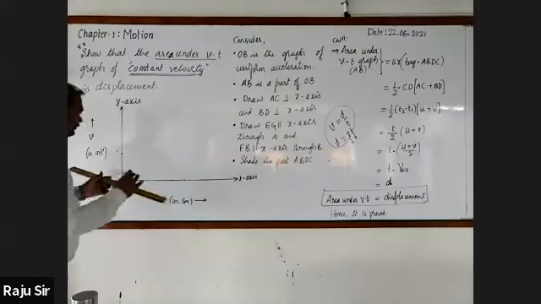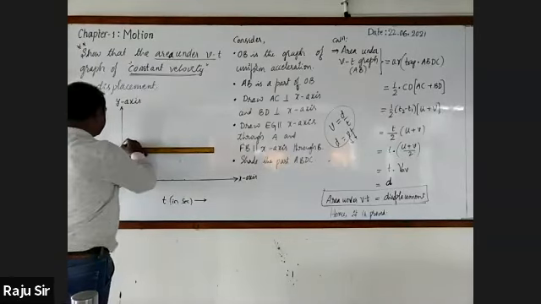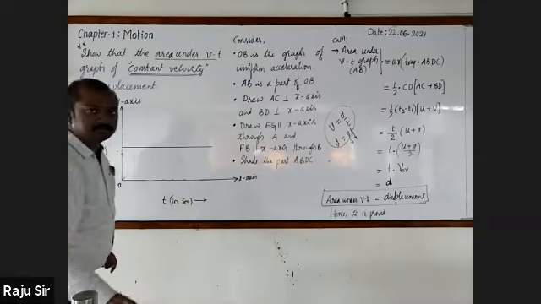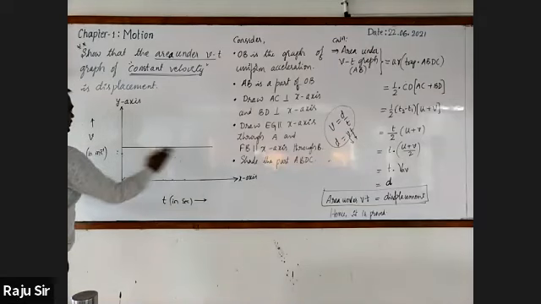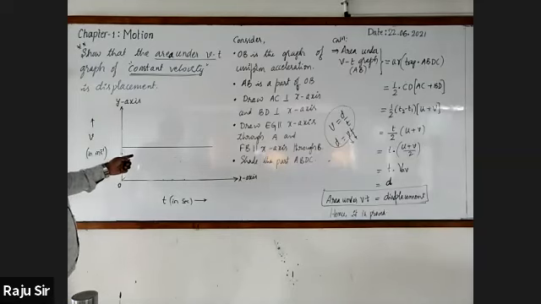Draw the line. Here, I'm drawing the line parallel to the x-axis. So this is the graph of constant velocity in the VT graph.